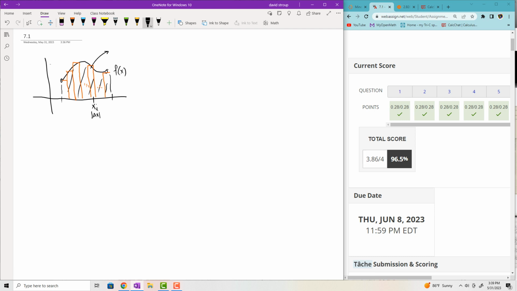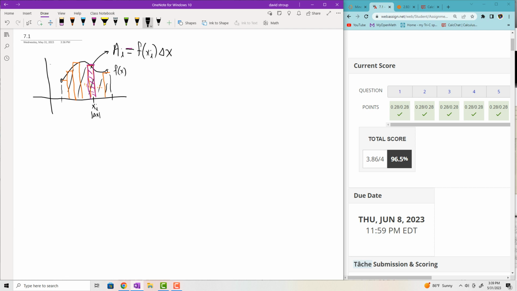So we could take that one particular rectangle in the middle, put some purple on it, this guy right here. We could look at that guy individually and designate its area. This height here is f of x sub i, and then the width of the base is change in x. So it's just base times height.